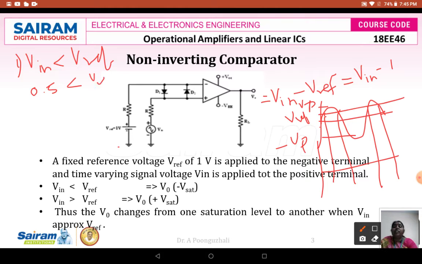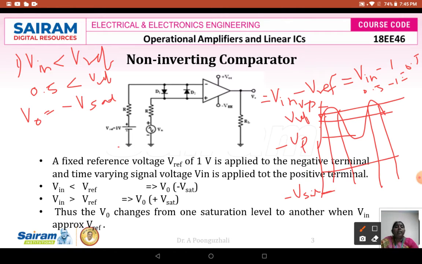Here it is 0.5 minus 1, that is nothing but minus 0.5. That means my output is going to be negative. If my output is negative, here we are going to have it as minus V saturation. So till this point, my output is going to be at minus V saturation there.